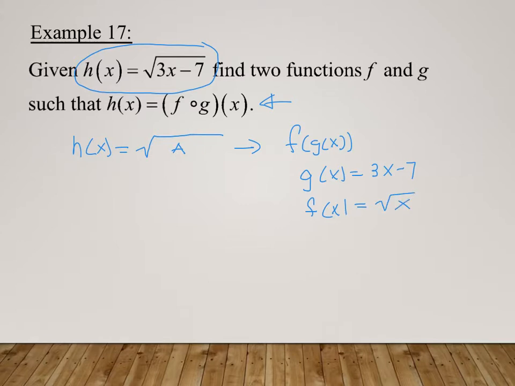So does that work? Well, let's see. f(g(x)) is equal to f(3x minus 7), which equals the square root of 3x minus 7, and that's equal to h(x). So it works.